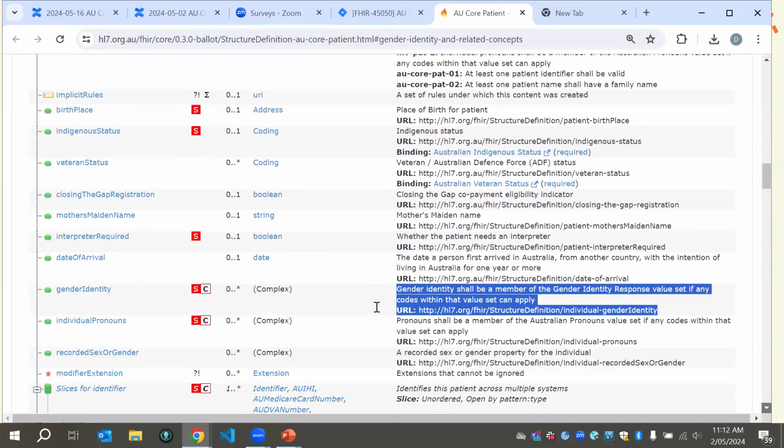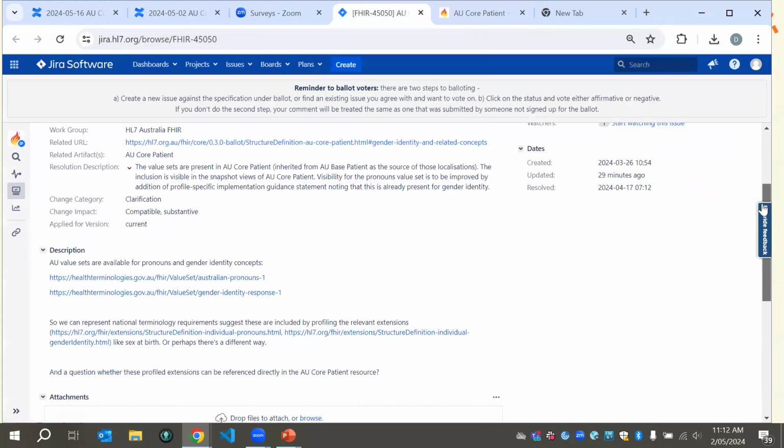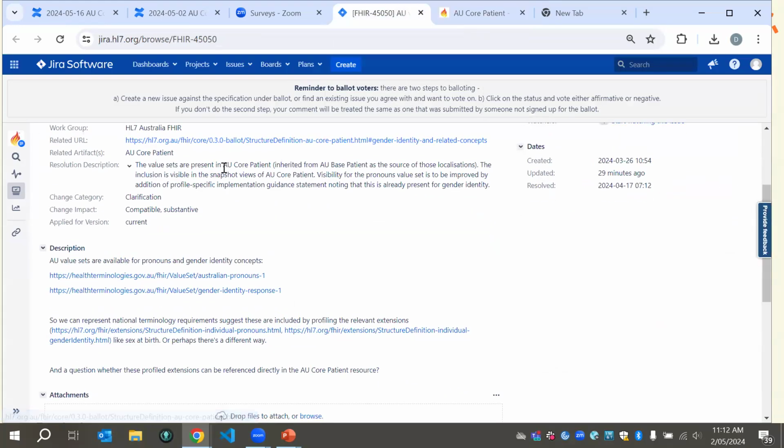Thanks, Liam. So the proposed resolution at the time was that the value sets are present in AU Core Patient in so much as they're inherited from AU Base as the source of the localizations, and the inclusion is visible in the snapshot. What isn't mentioned there, and it should be, is that it's also in the key elements view.